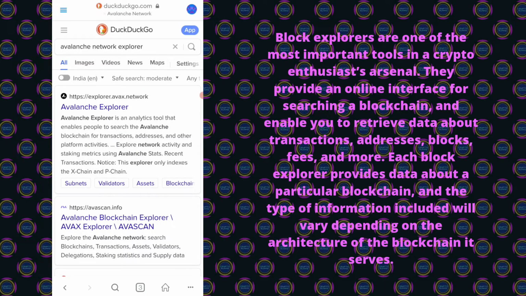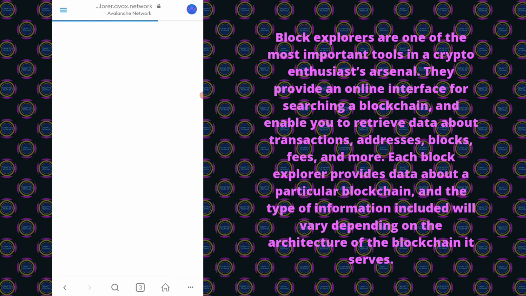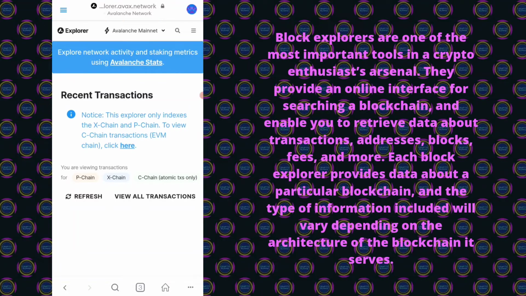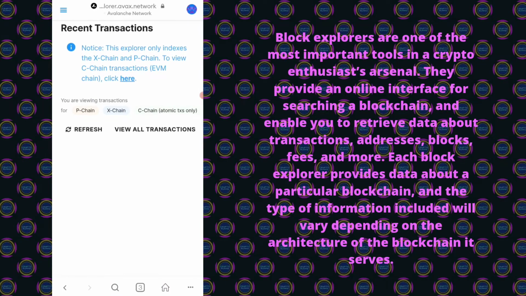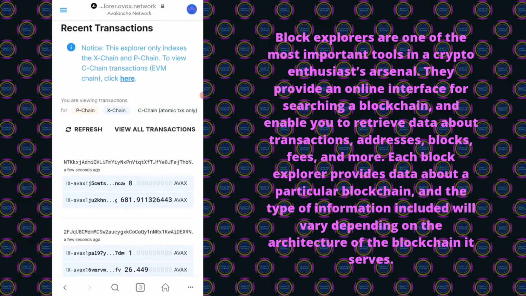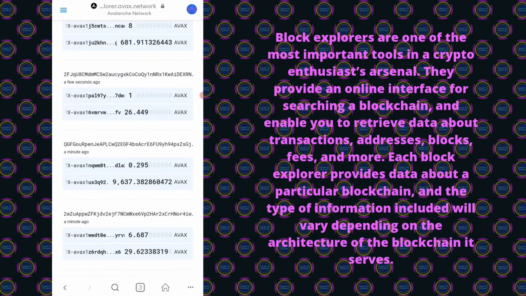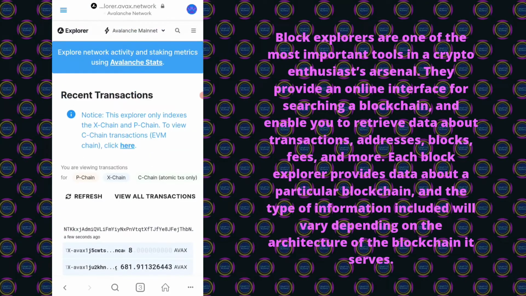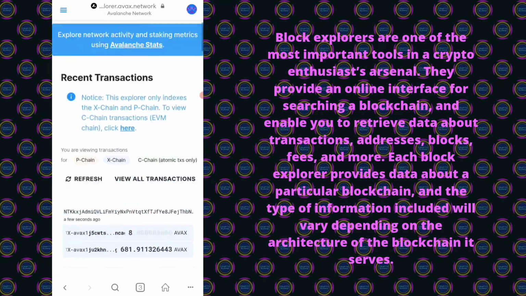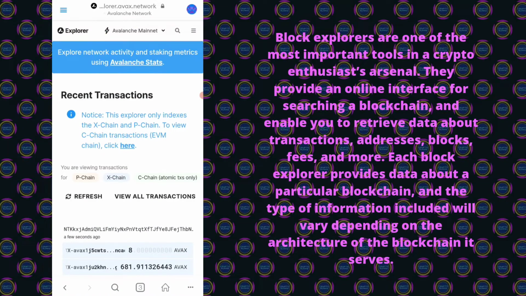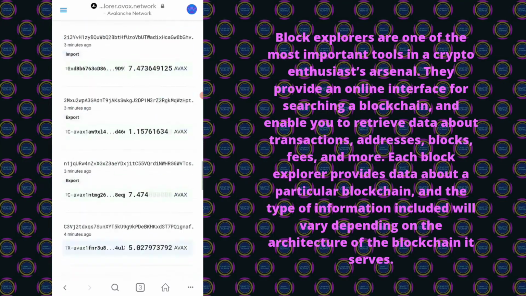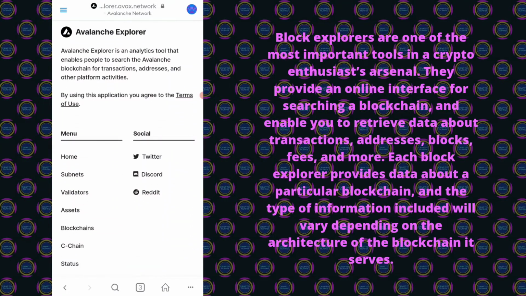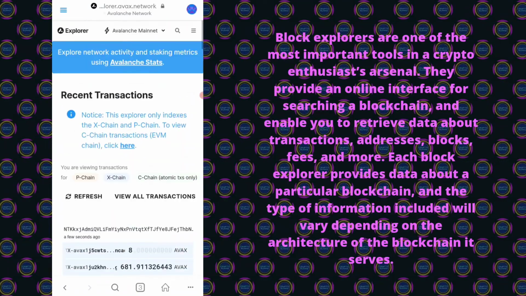So you see the first link that opens up is Avalanche Explorer. Now, basically what this means is this site can basically tell you, if you put in an address or a token, it can tell you details about where on that network or when transactions happened. And this is where you get most of your contract addresses for tokens that are on this network as well. So any information pertaining to a particular network you can actually find on these particular sites.